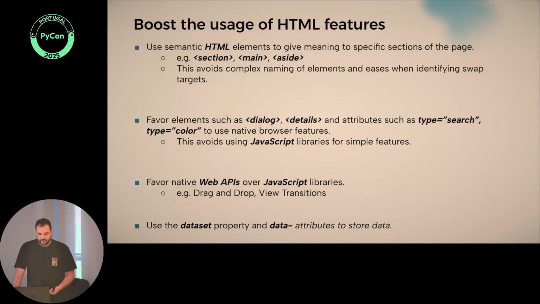With this, you can target or swap parts of your UI just by targeting main or aside or header. You should always use native HTML elements over JavaScript libraries. So dialog, details, input type search, input type color, they give a lot of functionality for little to no JavaScript.